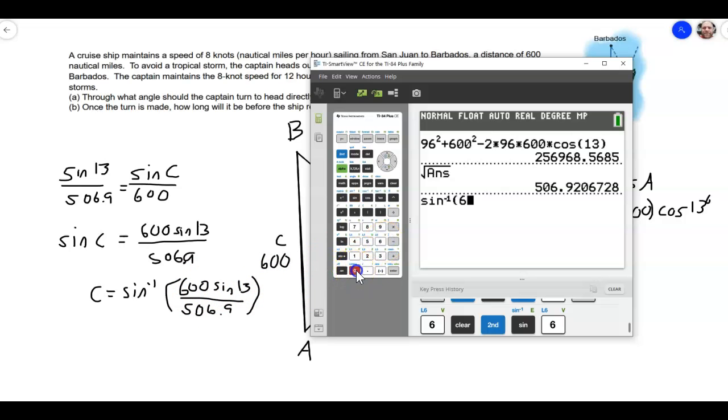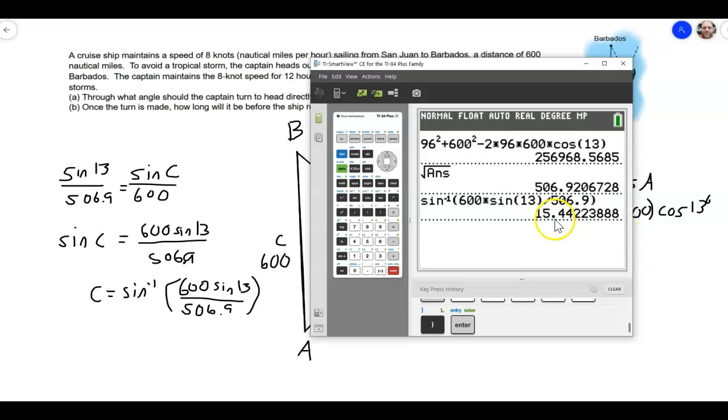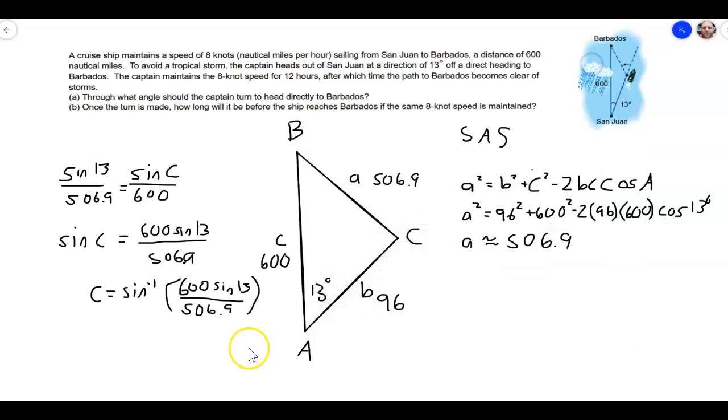So 600 times the sine of 13, close parentheses, divided by 506.9. All right, that looks correct. And I'm going to get 15.44. So rounded to one decimal place, that's going to be 15.4 degrees.